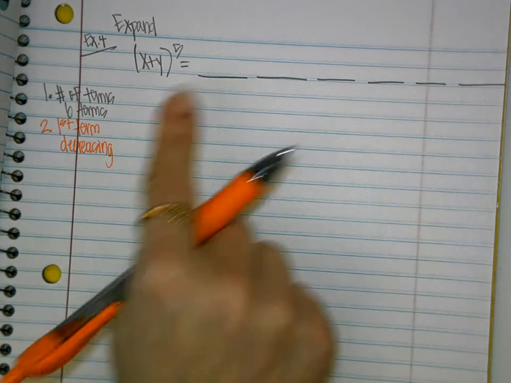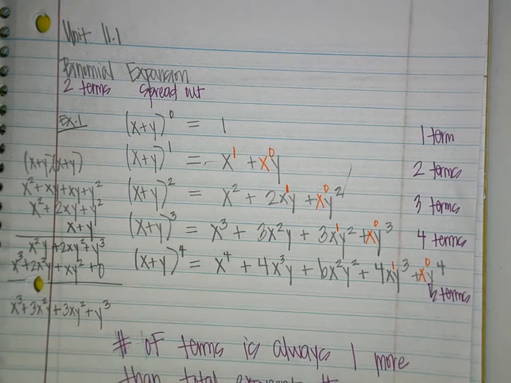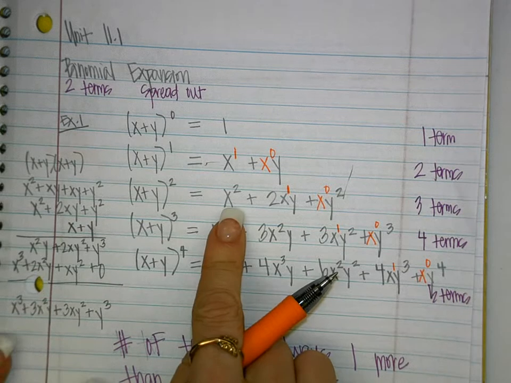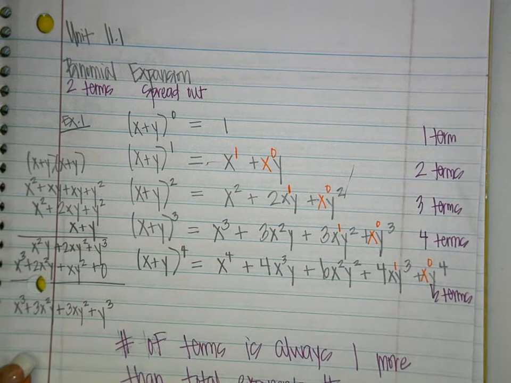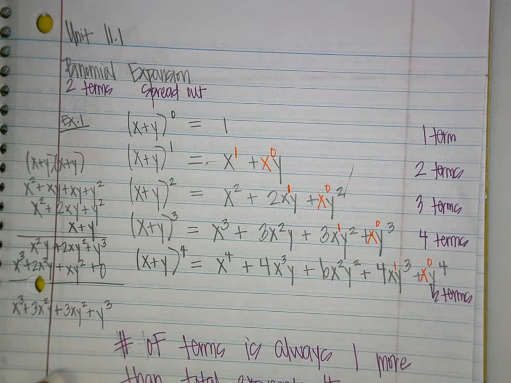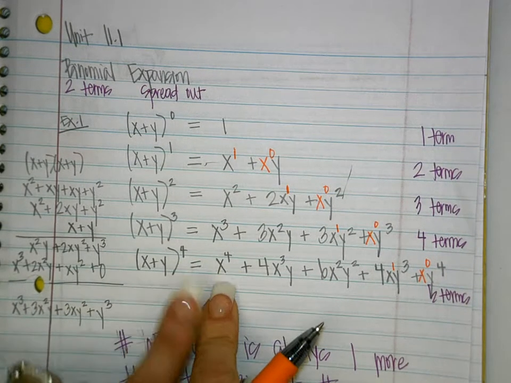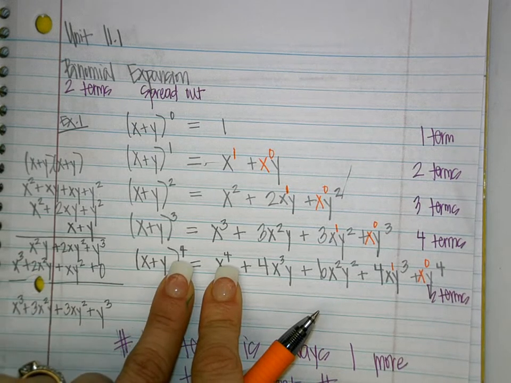Now, where do I start? If you look at these, how do you figure out where to start? Do you see any correlation between the x exponent value, the first one, and the original problem? The first exponent number is the same, right? The first exponent always starts with the total number of the problem and then goes down from there.